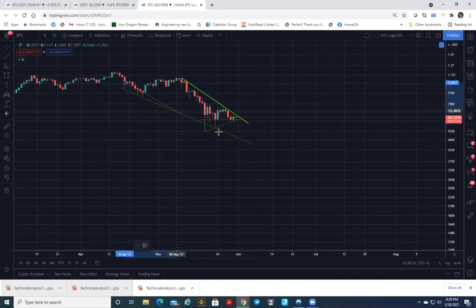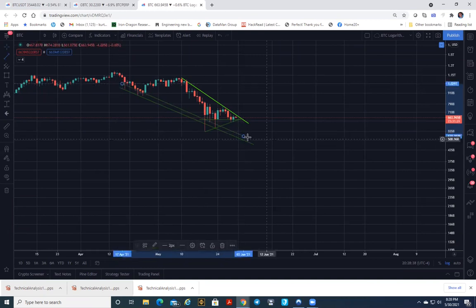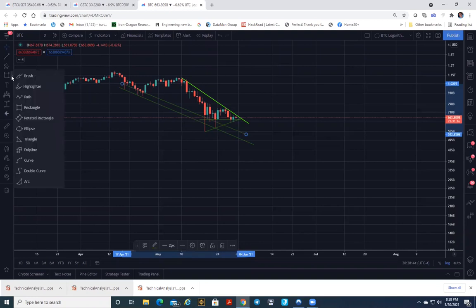So you should always do this. You should make a bearish and bullish case on everything that you're doing, so you can get a good idea of what to do when things happen like that.